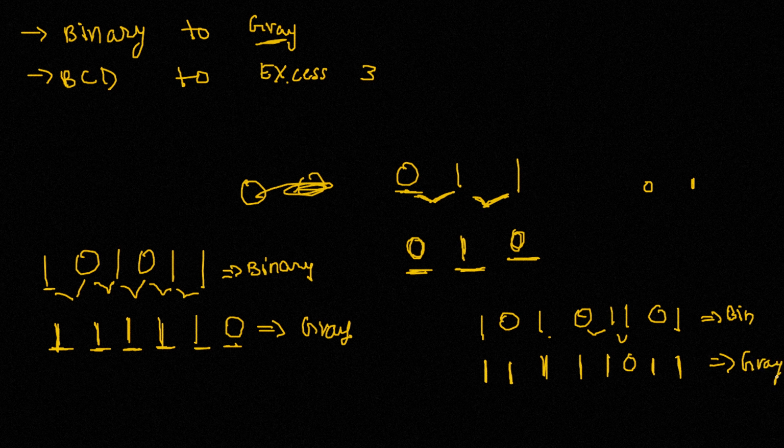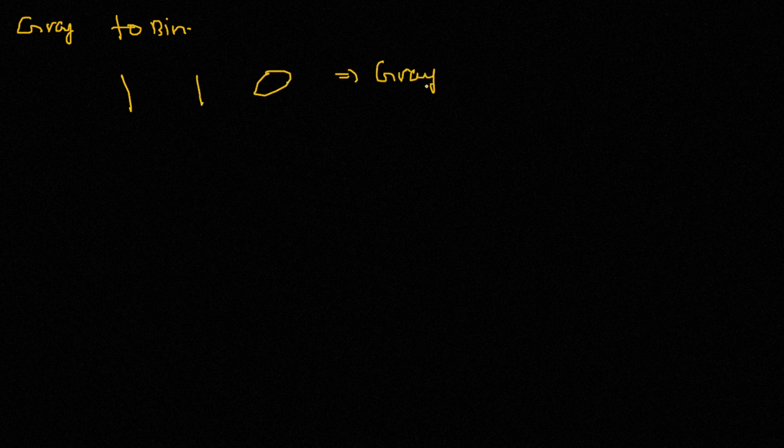Now let's see how we can convert gray to binary. Let's say we are given 1 1 0, and this is in gray code. Again, like I mentioned, the most significant digit always remains the same, and the number of digits also remains the same.